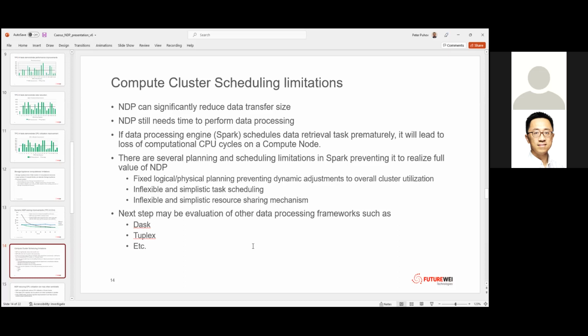So the task is submitted to the worker, and it just waits for the storage to bring the data. It's not a big problem, but it can be optimized further, because if task scheduling were a bit more intelligent, the core on which a task is just sitting and waiting could be utilized by Spark for doing something else.